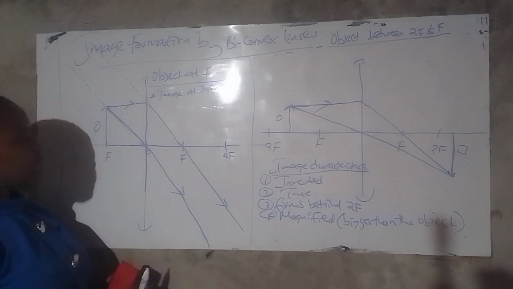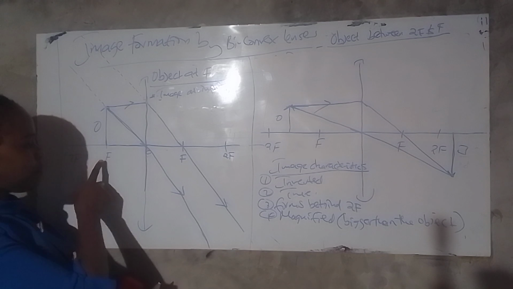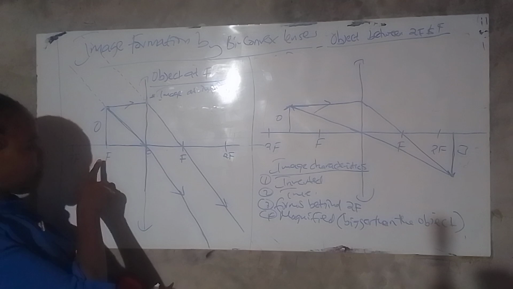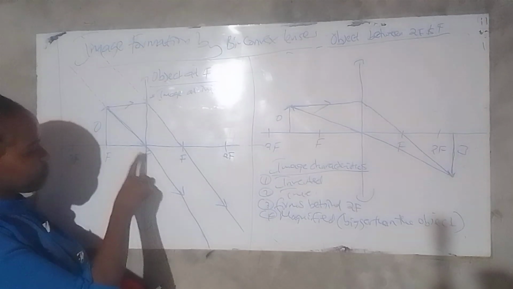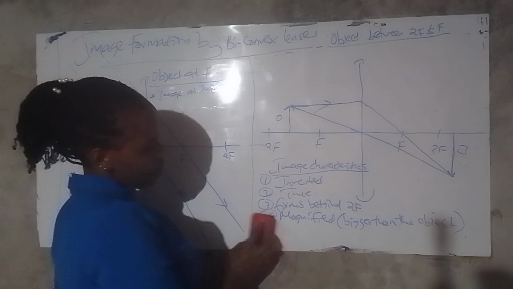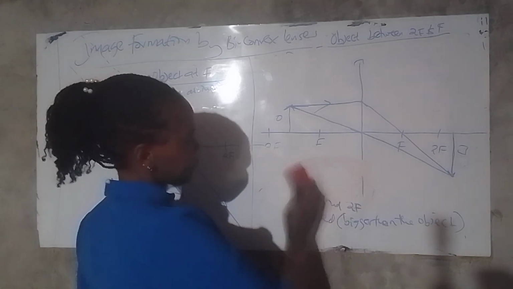Okay? So lastly, let's move our object in front of F. So put it between the principal focus and the optical center. Okay, so let's move the object.